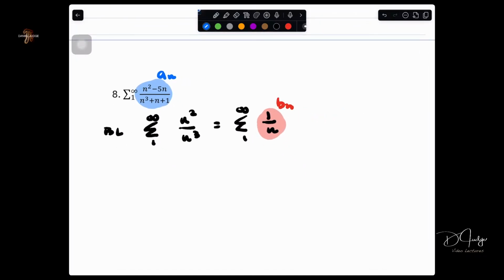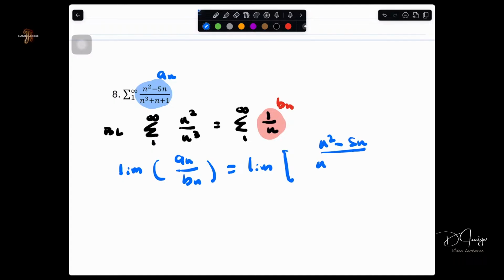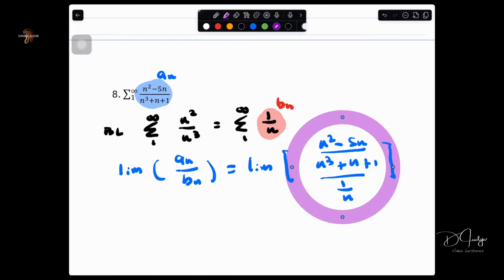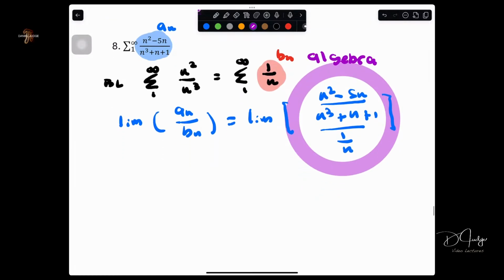All right. The limit of the ratio a_n to b_n is the limit of (n squared minus 5n) over (n cubed plus n plus 1), divided by 1 over n. You're going to use algebra here. Every time I get that purple highlighter out, you guys know we use algebra.